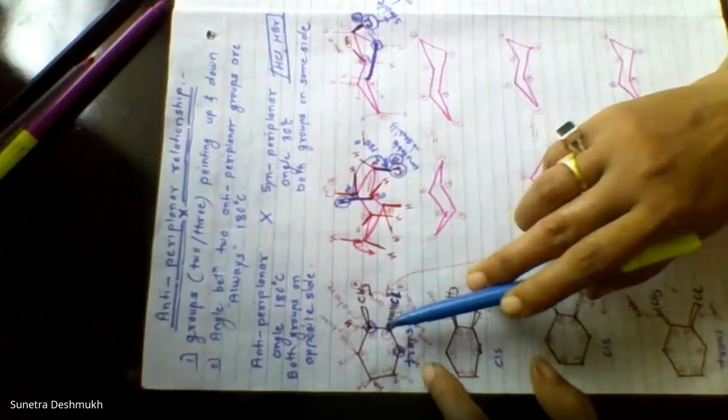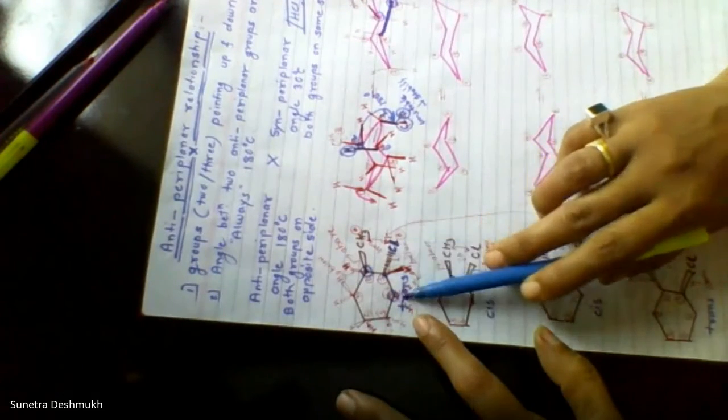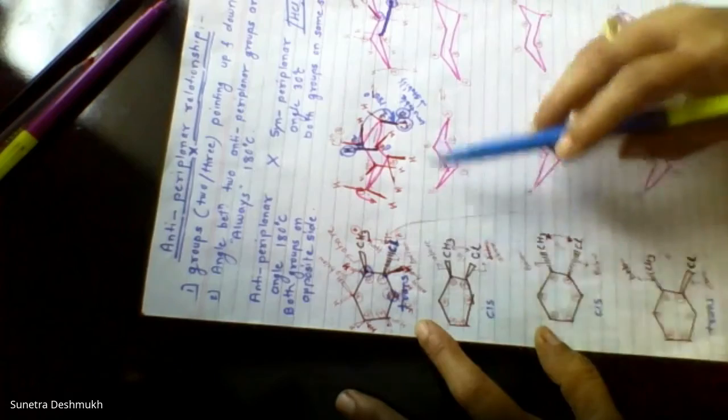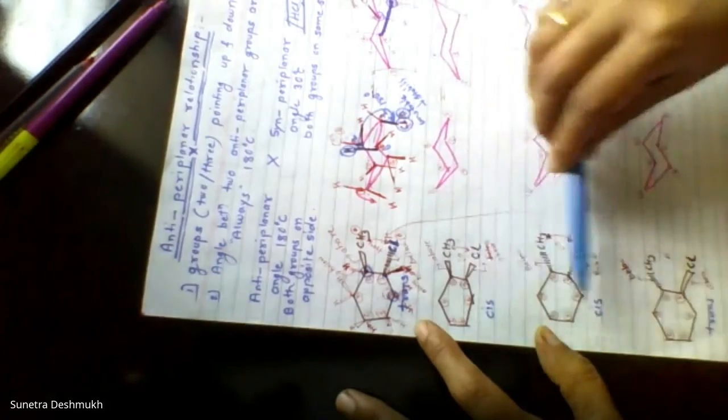So this is the reason. For elimination, this chlorine prefers the hydrogen from the sixth position and not from the second position. So this is the answer.